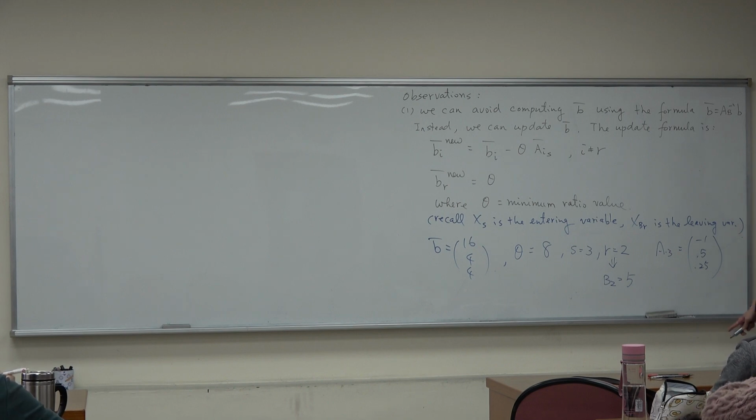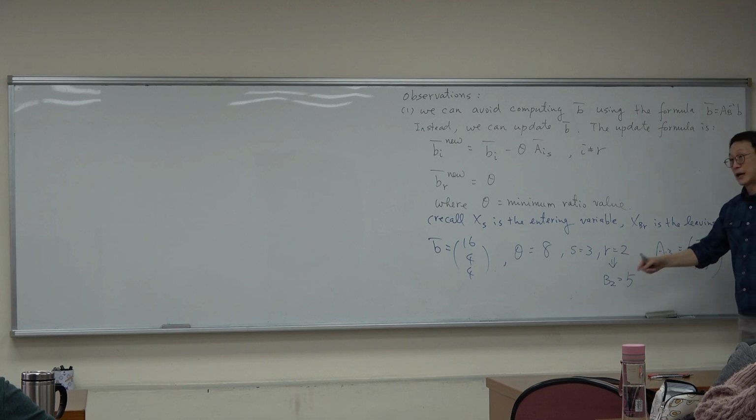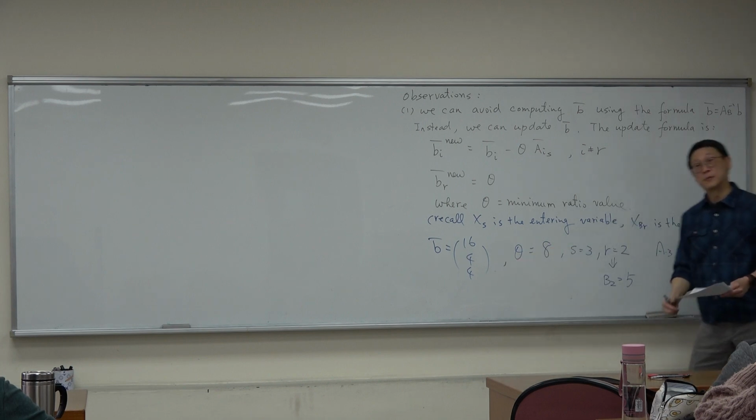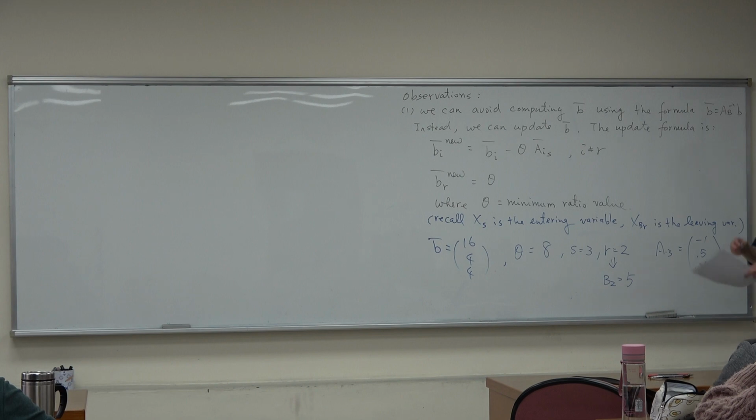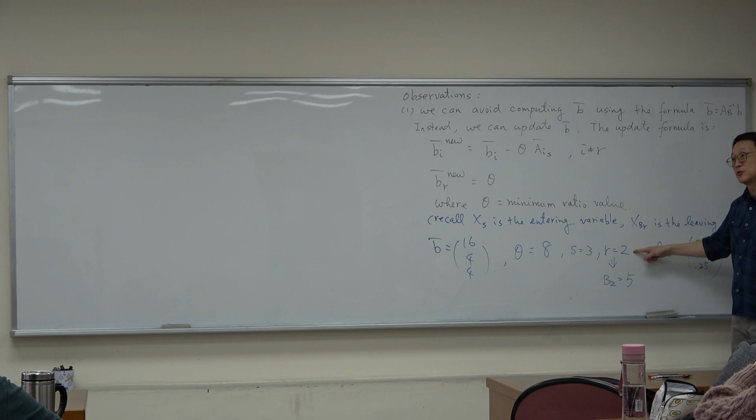I indicates which row. I equals 1 indicates the first row, second row, third row. So the I indicates the second row in the minimum ratio. But I want to know which specific variable leaves the basis. So we go back to the second row and try to find which variable leaves the basis.